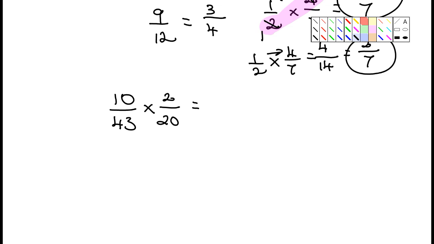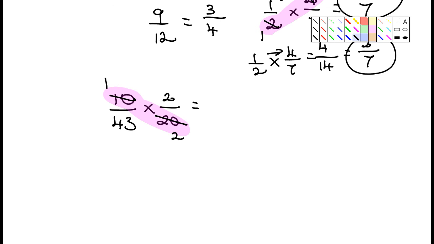You'd say to yourself, holy cow, 43 times 20, that's going to be a big number, but you can cross-cancel. Okay? I can think of a number that goes into 10 and goes into 20. 2 does. There's even a bigger number. I heard somebody say it, 10. 10 goes into 10 once, 10 goes into 20 twice. That's a whole lot easier.